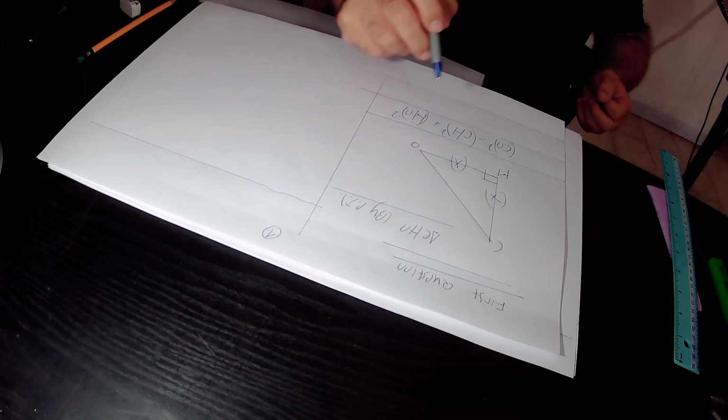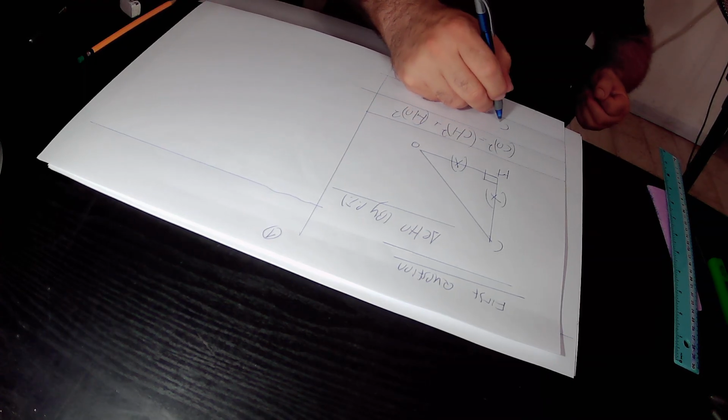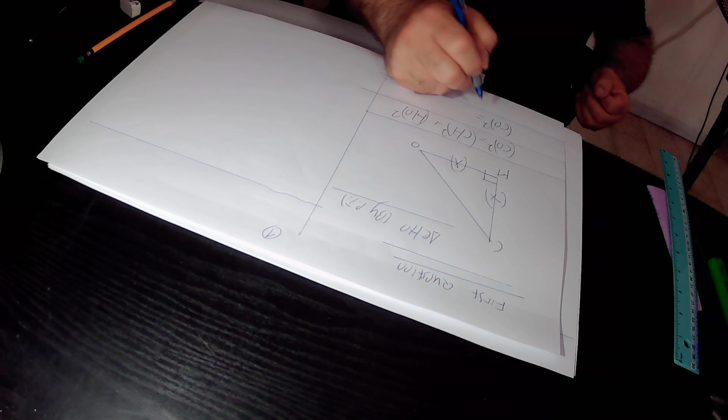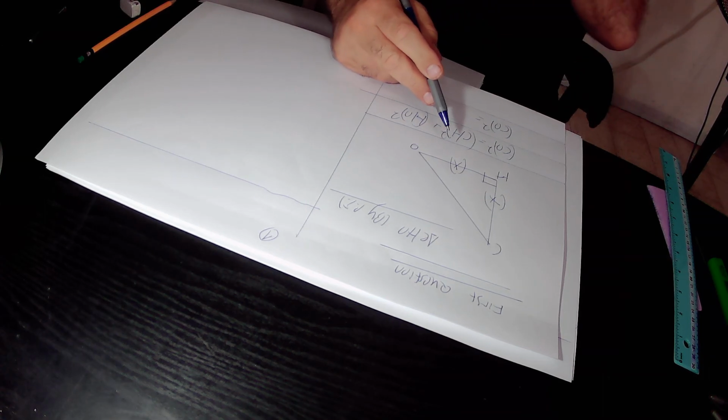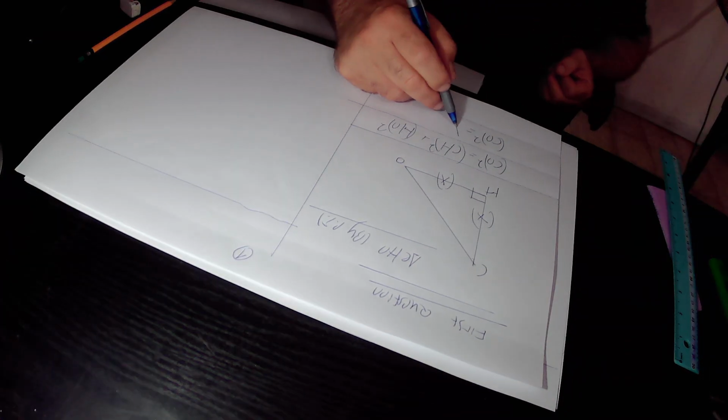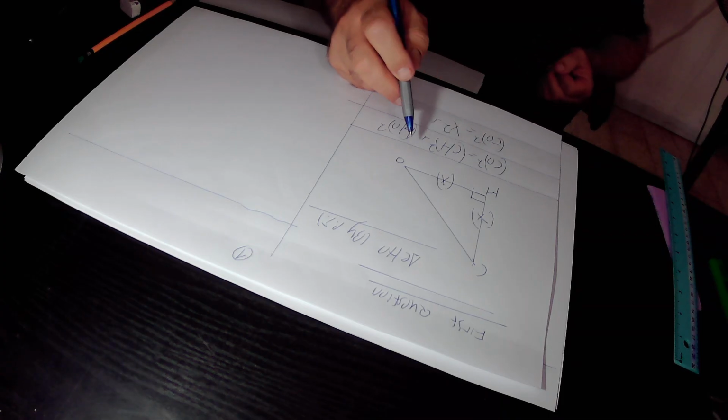CO is the missing side, so we leave it as it is. So it is CO square equals CH square. CH is x, therefore CH square is x square, plus HO square. HO is also x, therefore HO square is x square.